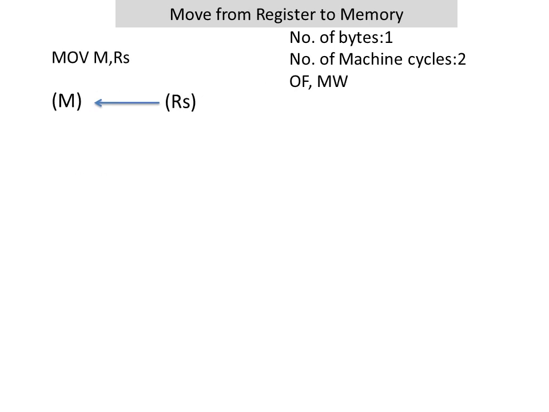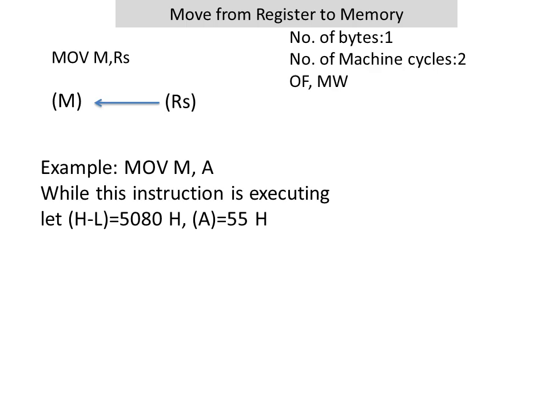Just the reverse, we have MOV M comma RS. It is also similar to MOV RD comma M. Again, here we will have memory write as the second machine cycle instead of memory read, because it is a write operation with respect to memory. So if, say, the accumulator contains 55 and the HL register pair contains 5080, that means the address of M is 5080.